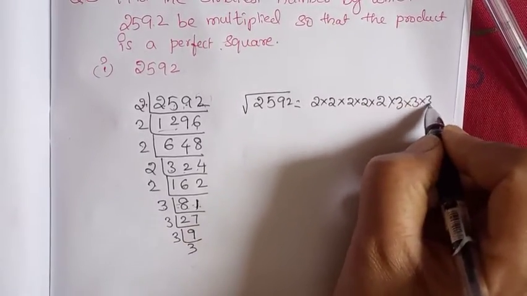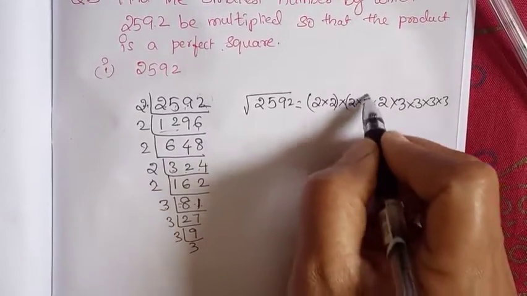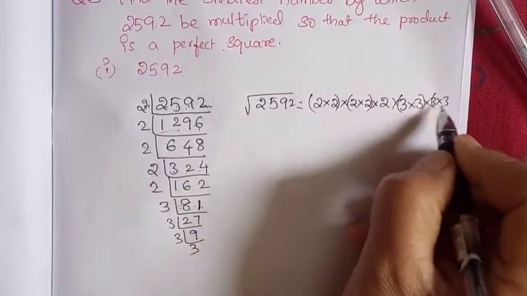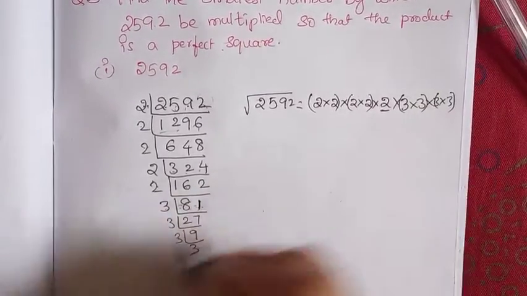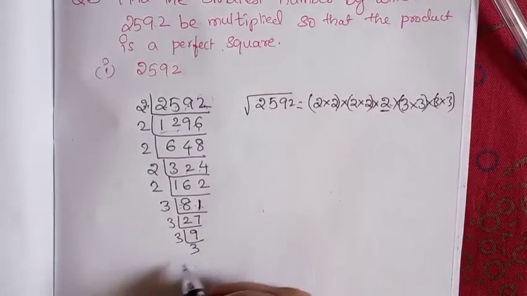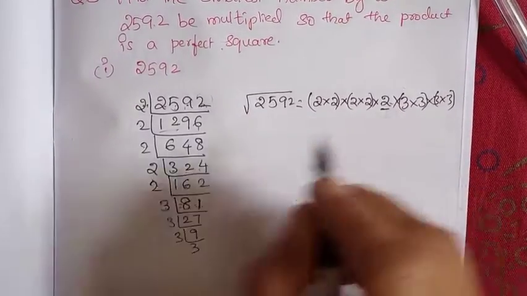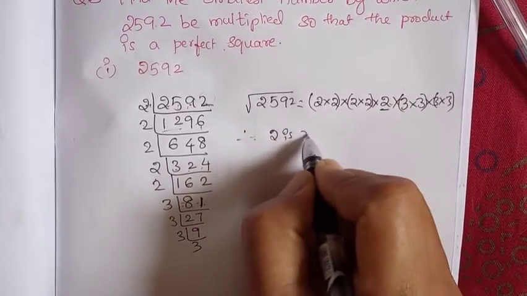Now we will put them in brackets, two numbers at a time. What is left over here? 2. Means what we require to get a perfect square? One more 2.